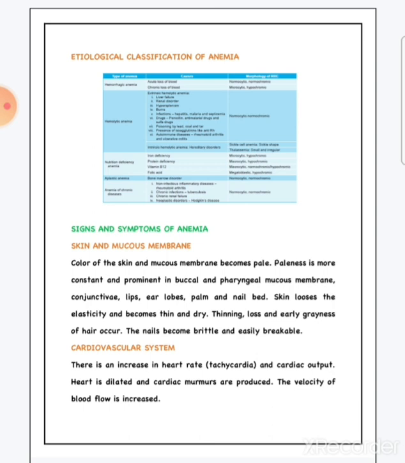Non-infectious inflammatory diseases such as rheumatoid arthritis, which is an autoimmune disease, 2. Chronic infections such as tuberculosis, 3. Chronic renal failure, and 4. Neoplastic disorders. Example: Hodgkin's disease. Here the morphology of RBC is normocytic normochromic.